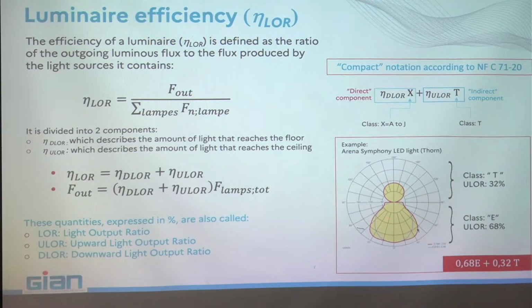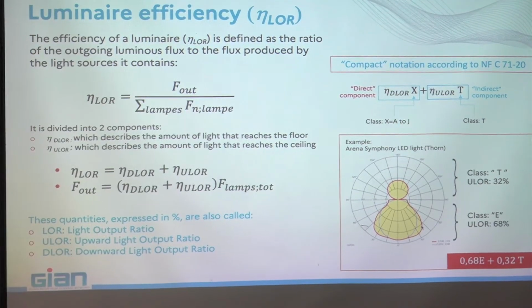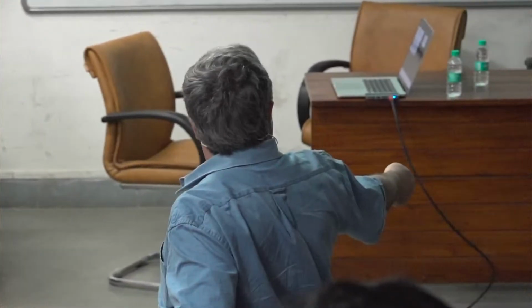If someone tells me this luminaire is 0.68E plus 0.32T, I have everything I need to make a sizing of my system without using a computer, just with pencil and paper, or an Excel file if you want, and a calculator. I don't need to have the IES file in that case, but to define those letters here, the manufacturer needs to have the IES files somewhere.